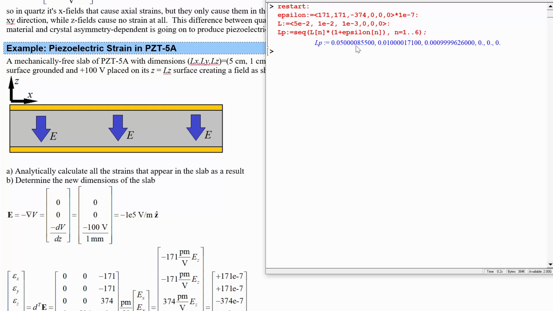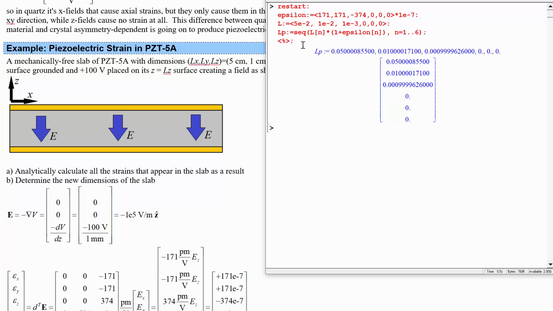So this is a pointwise, element by element operation to multiply these elements by this element, written out kind of in raw code how you might do that. Right, so very small changes in each of the lengths that we originally had. By the way, if we want to put this back into a vector, then we could just put it inside the vector brackets there.